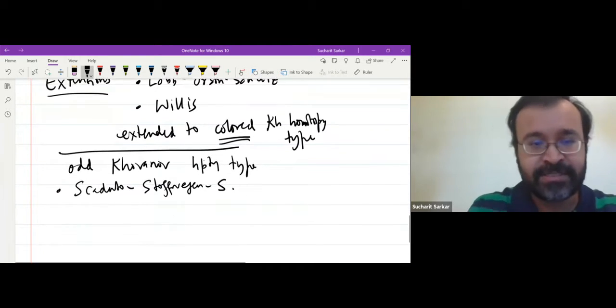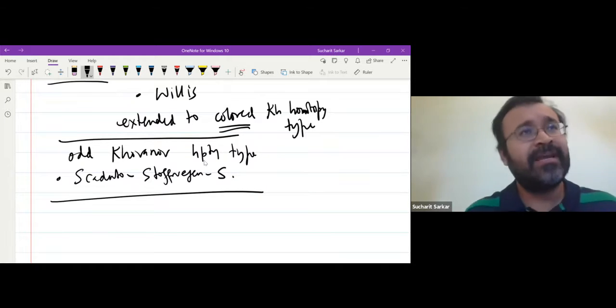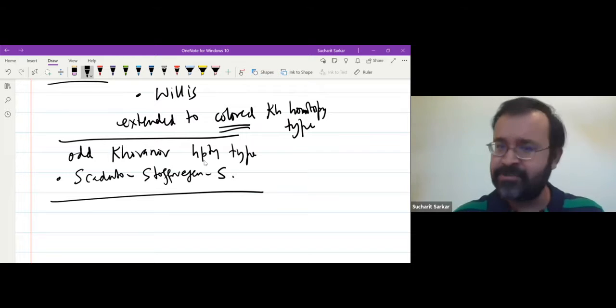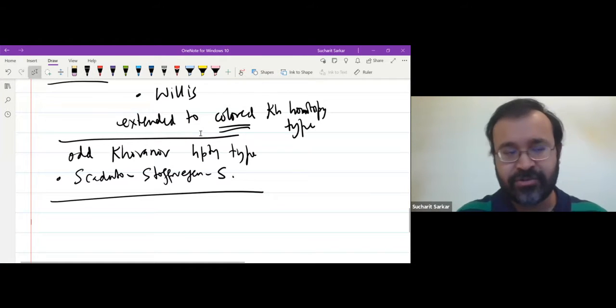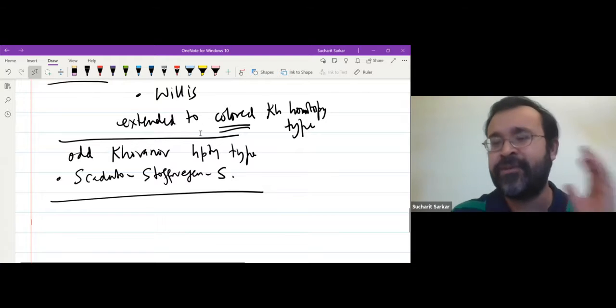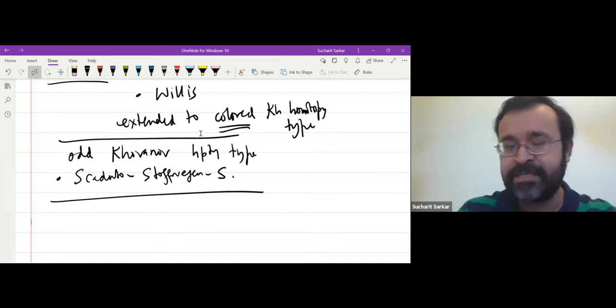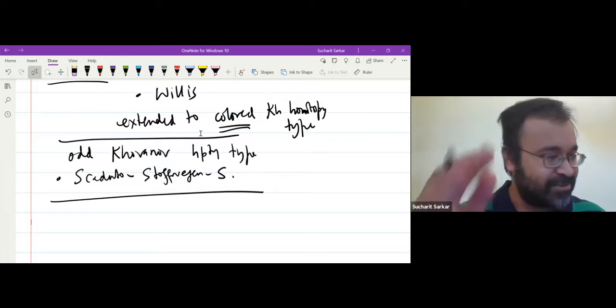So we generalized this to odd Khovanov homotopy type. In some cases there is an immediate generalization. In some cases you need some more ideas to produce this space, and in some cases you get stuck. So I'm only describing the ones where we don't get stuck. There are many different generalizations of Khovanov homology, and not all of them have an immediate generalization to Khovanov homotopy type. In many cases we do get stuck, so those I'm not listing.